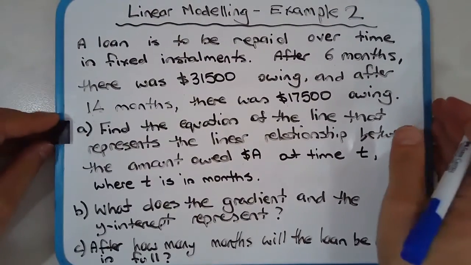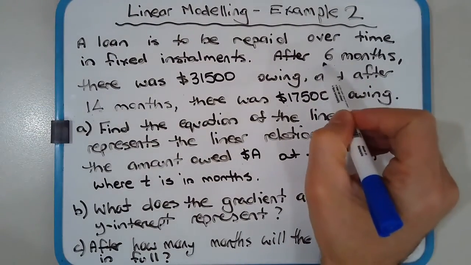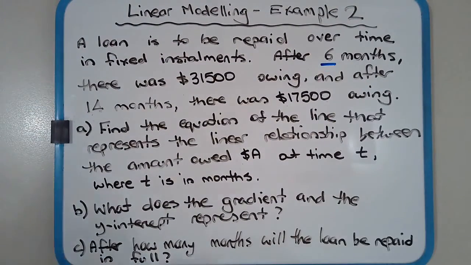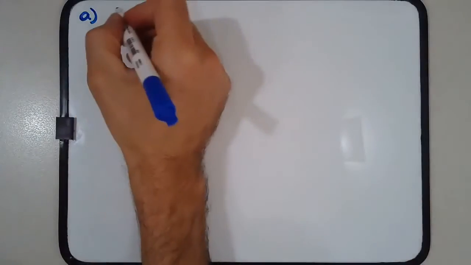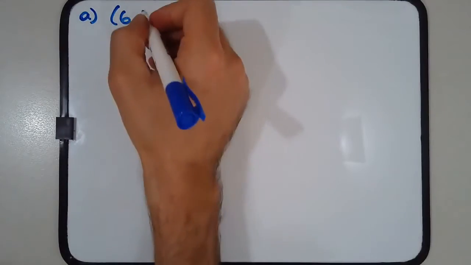Okay, so to find the equation of the line, we need 2 points. And we do have 2 points, in fact. I'll just go back to the original worded problem. So at the 6 month mark, the amount owing is $31,500. So that's actually 1 point.